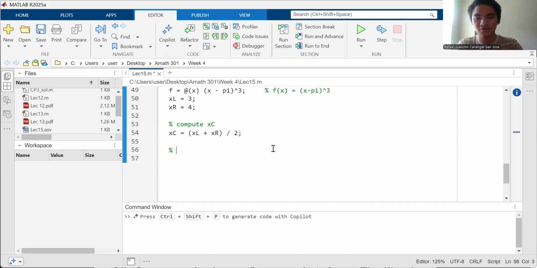Okay, so here I'm gonna do that iterating process again and again. So this is going to be some while loop.